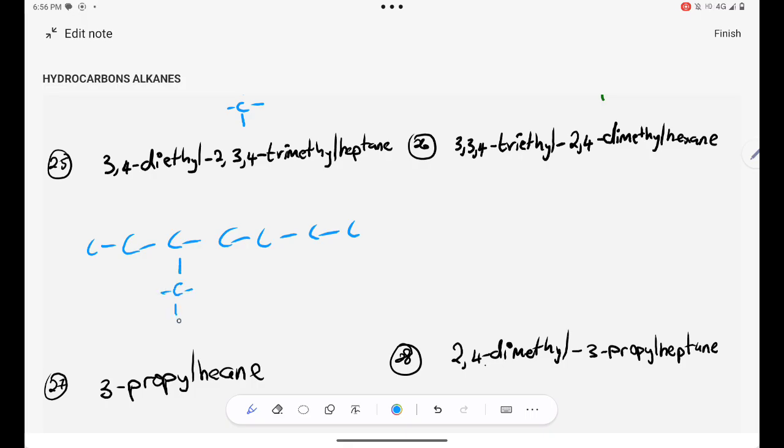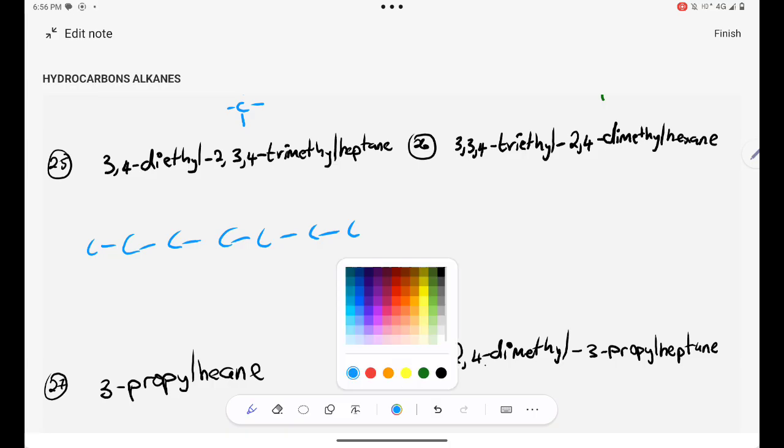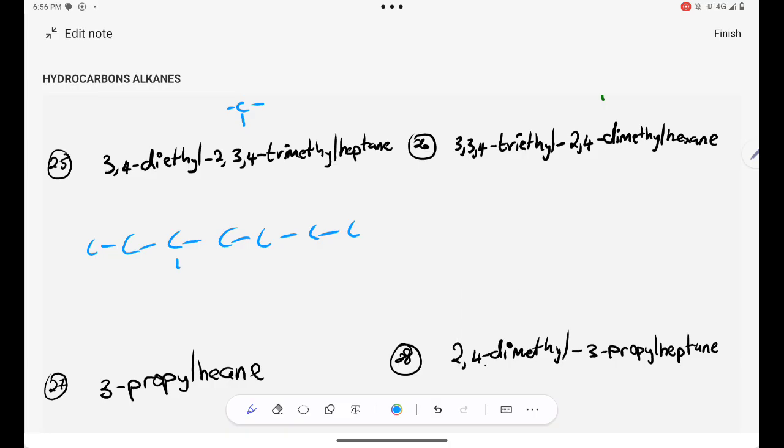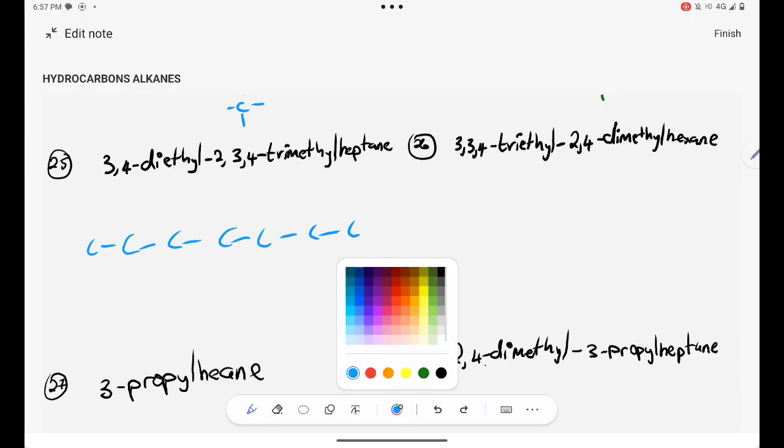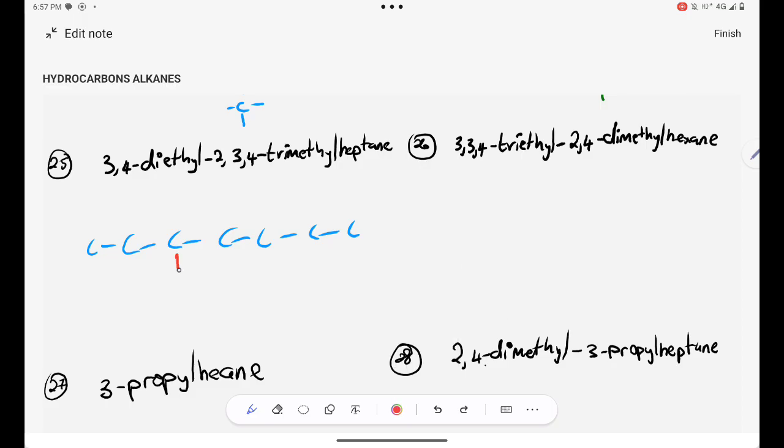Okay, and then at carbon number 3, I have an ethyl. Let me write the ethyl with a different color. Carbon number 3, I have an ethyl there, as well as carbon number 4.